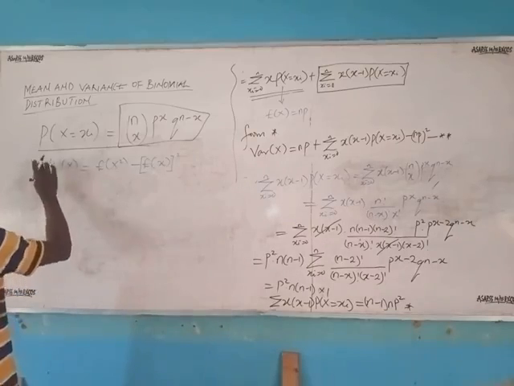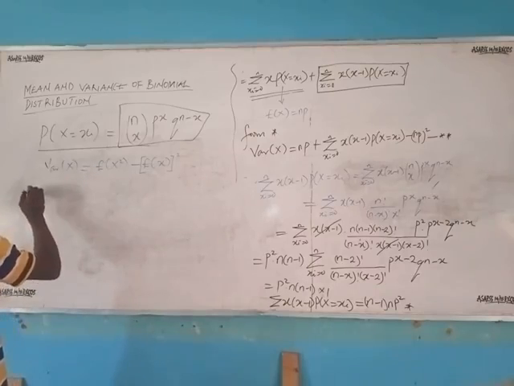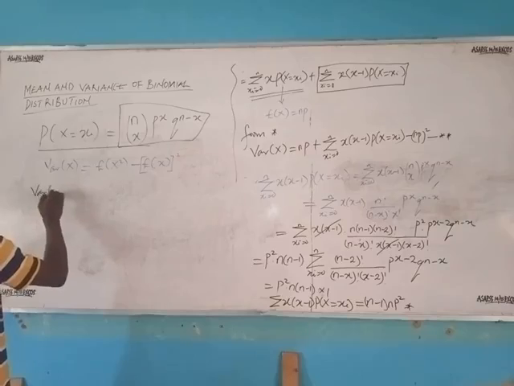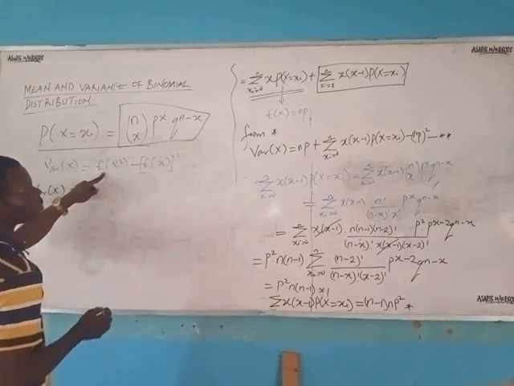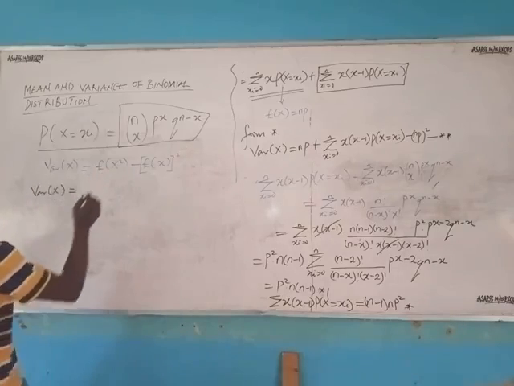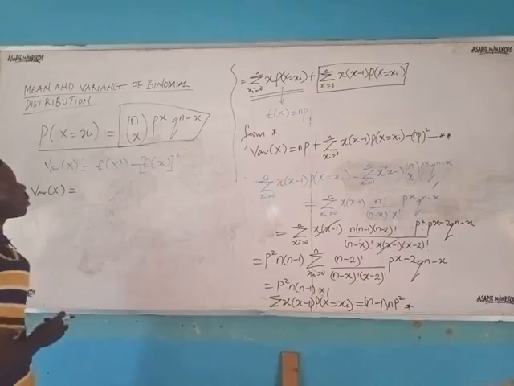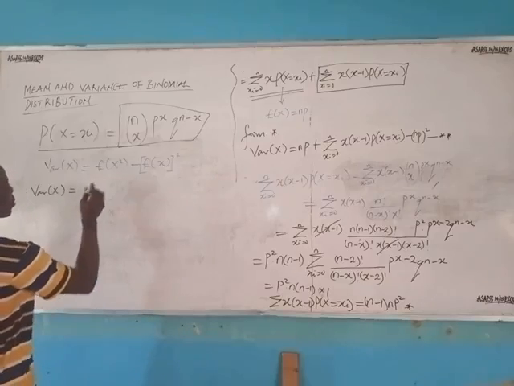So variance of x will be equal to, here we just substitute everything.